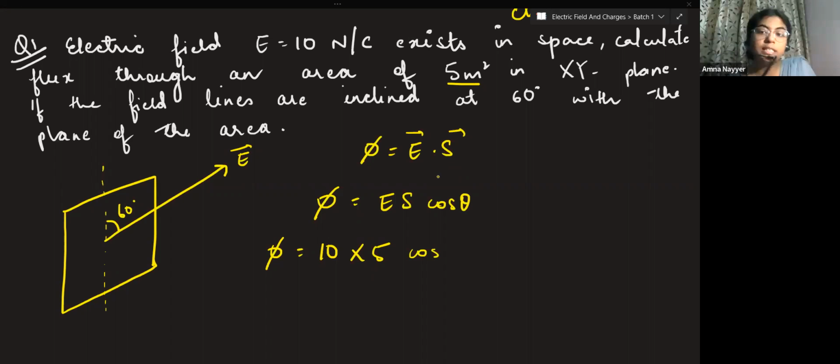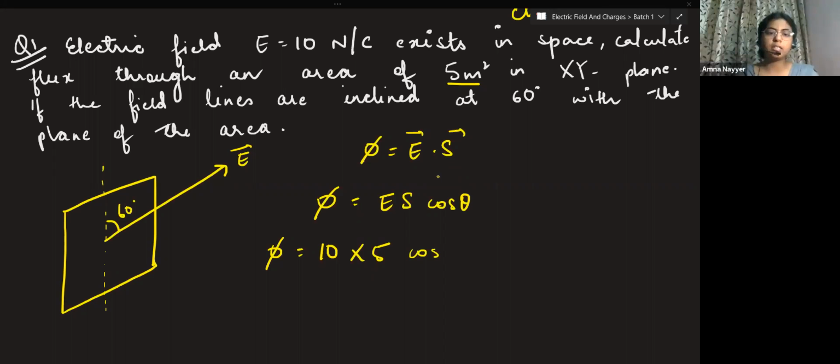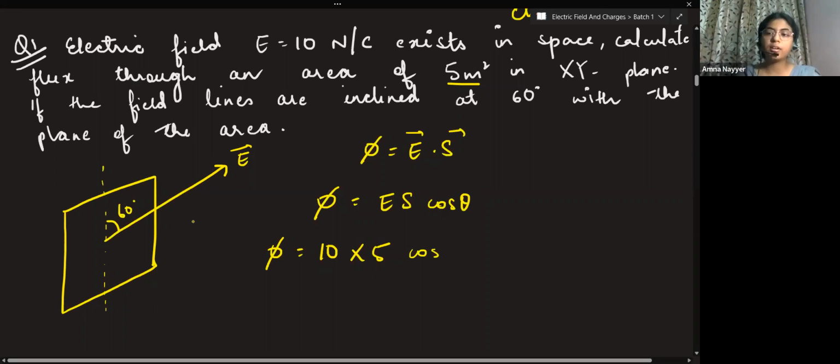So is 60 degrees the angle between the electric field and the area vector? No. So first what we'll do, we'll drop an area vector. We cannot consider this electric field because the condition says that it has to be normal. So what we'll do, we'll drop an area vector. Now, the area vector is perpendicular to the plane, meaning this whole is an angle of 90 degrees. This part is 60 degrees. Now Hania, tell me what will be theta?